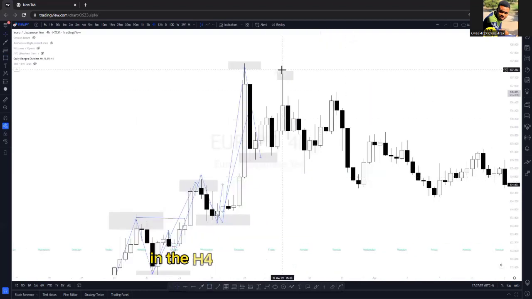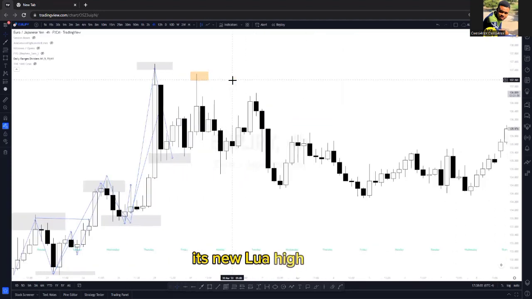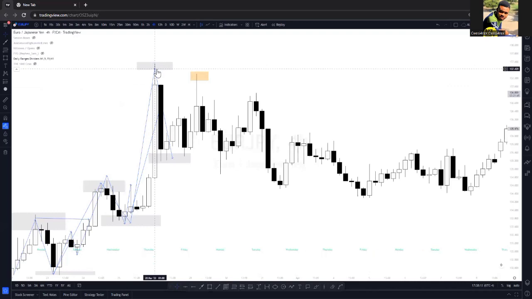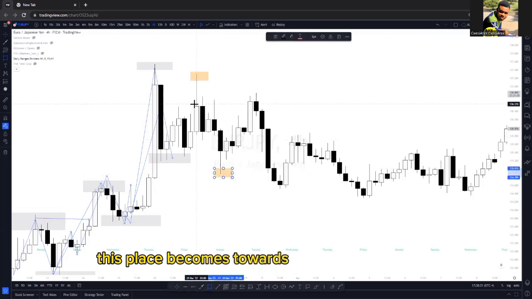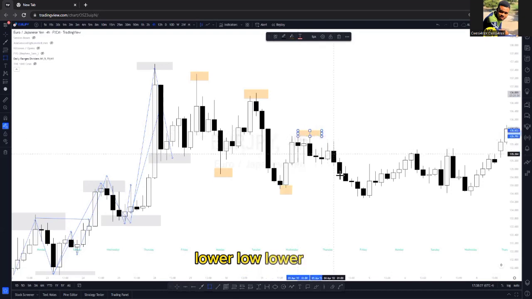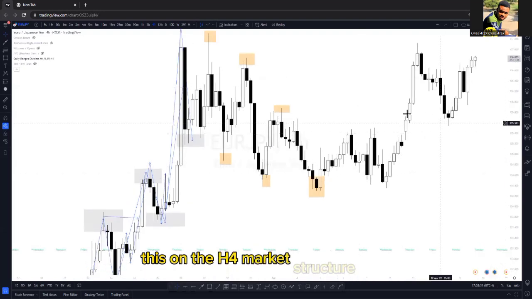On the H4, we have this as our new lower high, because price failed to create a new high over here, right? So this becomes a lower low, lower high, lower low, lower high, lower low here. So this is the H4 market structure, right?